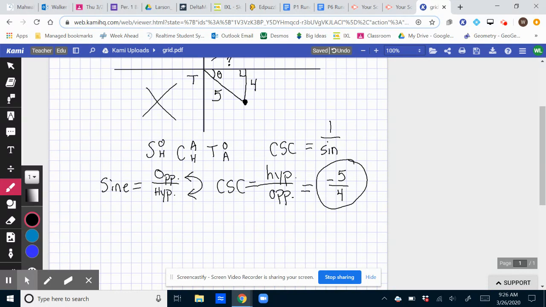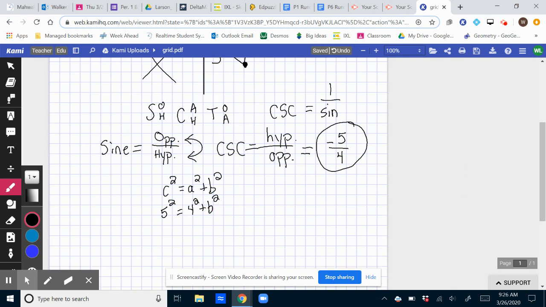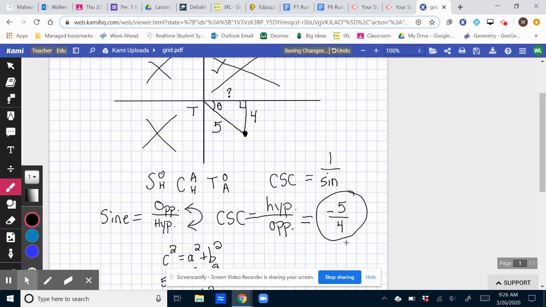So I use the Pythagorean theorem: c squared equals a squared plus b squared. So I have 5 squared equals 4 squared plus, I'll call it b squared. You solve for b: 16 plus b squared equals 25, so b equals 3. This question mark here, that missing side length in your triangle, is 3.